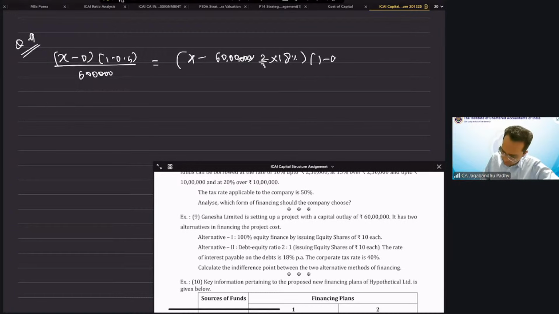And then we take it as 1 minus 0.4 upon share capital of 60 lakh, of which 40 lakh is issued as equity, and the rest, of course, is going to be 2 lakh shares, right? It's 2 lakh.